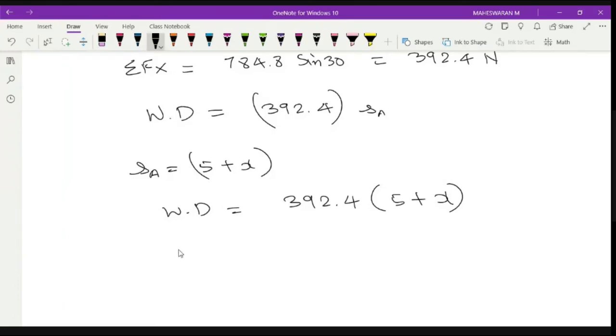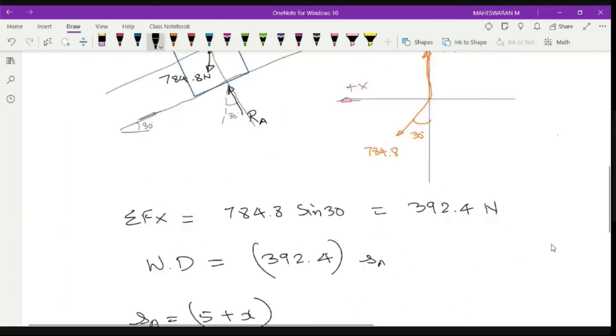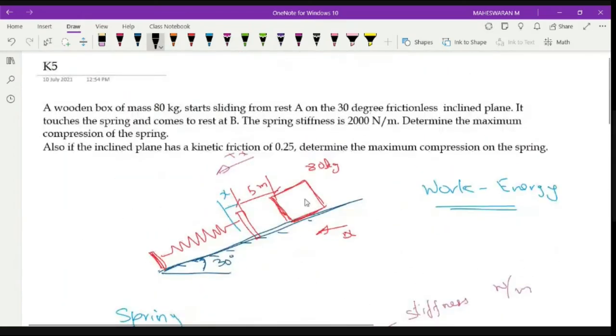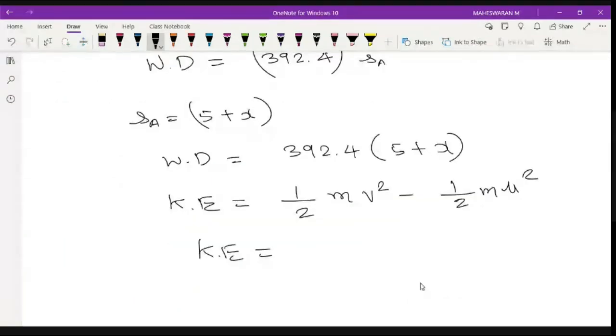What is my kinetic energy for the block? The kinetic energy is half m v square minus half m u square, final velocity minus initial velocity. Initially your block is at rest. Finally, it is also zero, because the spring compresses and the block comes to rest.